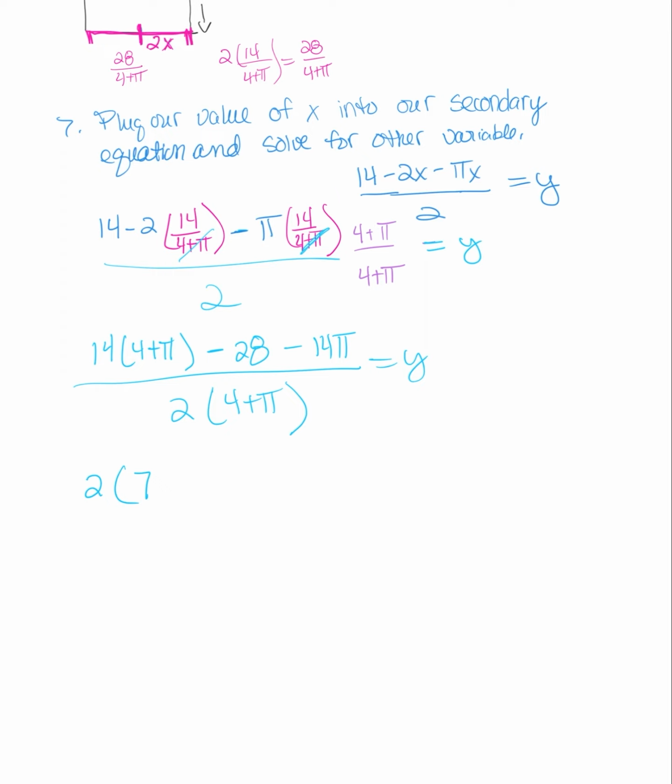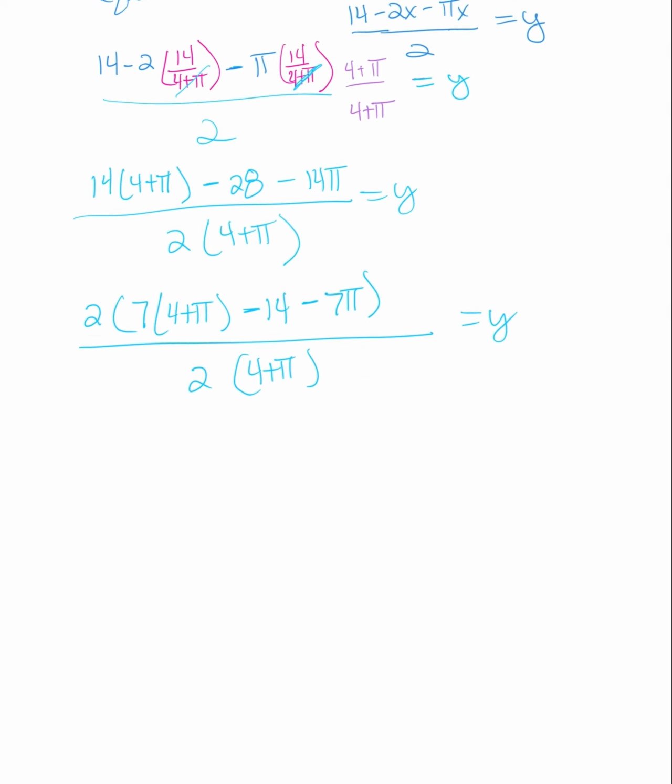So let's do that. So we have 7, oh no, not plus, 7 times 4 plus pi, minus 14. 2 times 14 is 28, minus 7 pi, over 2 times 4 plus pi, equals y.